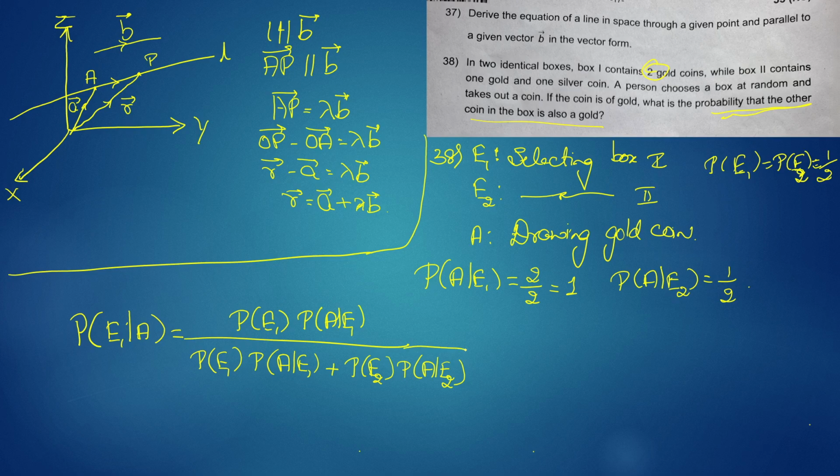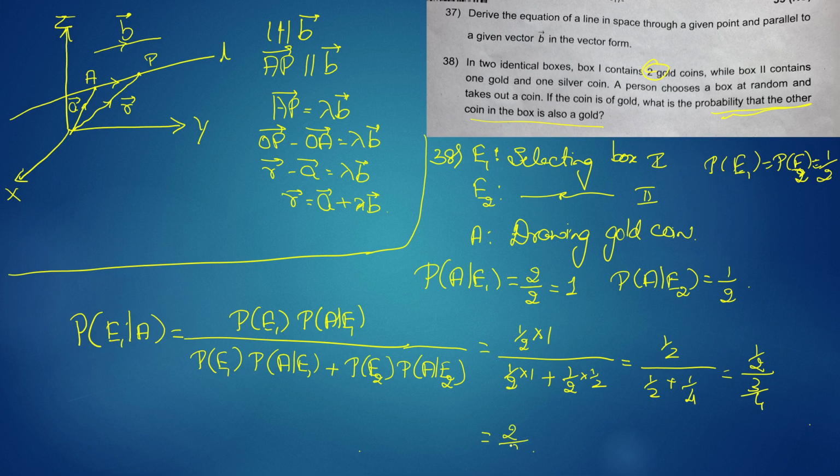If we substitute the values, we get 1 by 2 into 1 divided by 1 by 2 into 1 plus 1 by 2 into 1 by 2. That is 1 by 2 divided by 1 by 2 plus 1 by 4. That is 1 by 2 divided by 3 by 4, which is nothing but 2 by 3. So this is the solution of the problem.